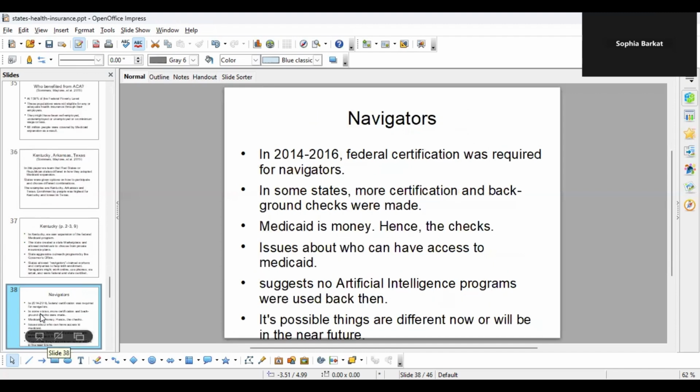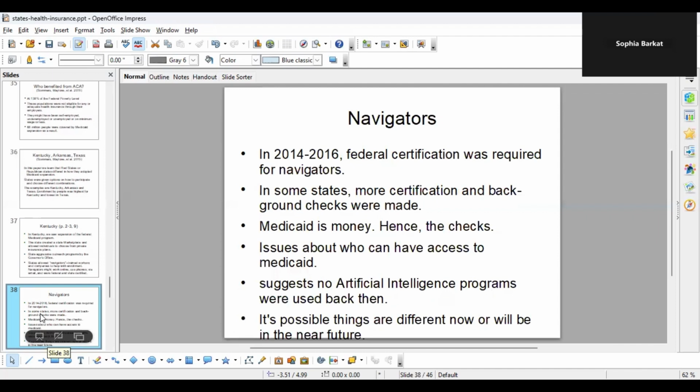What are navigators? So in 2014-16, federal certification was required for navigators. In some states, more certification and background checks were required. Why would that happen? So these are people who are signing people up to Medicaid. Medicaid is money. It's tons of money, right?